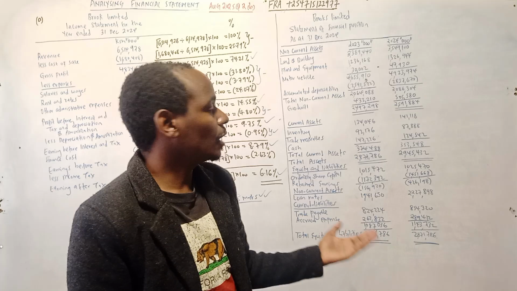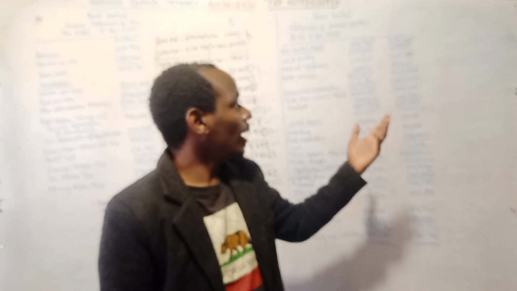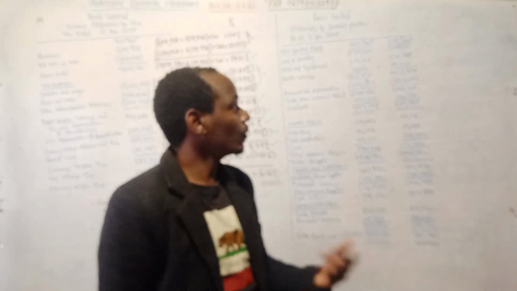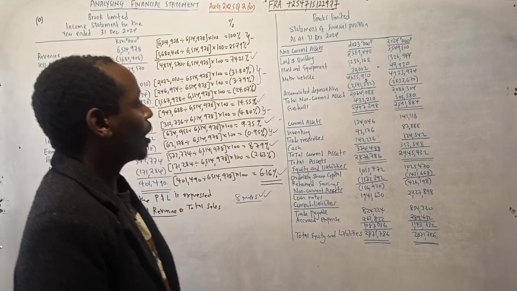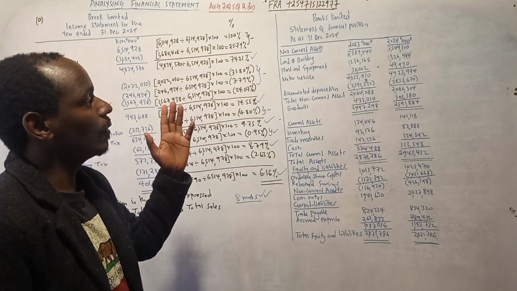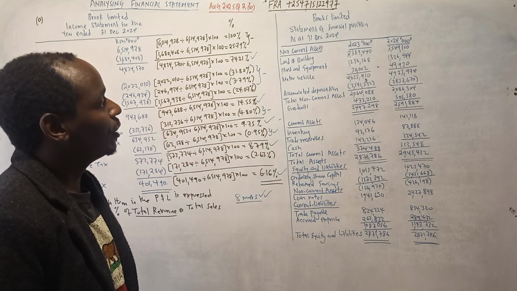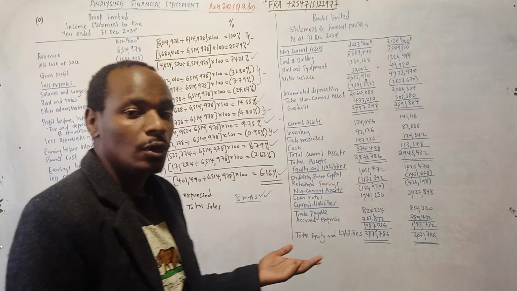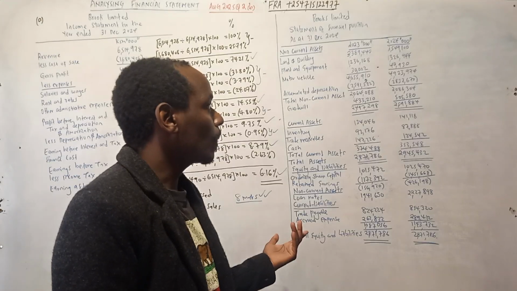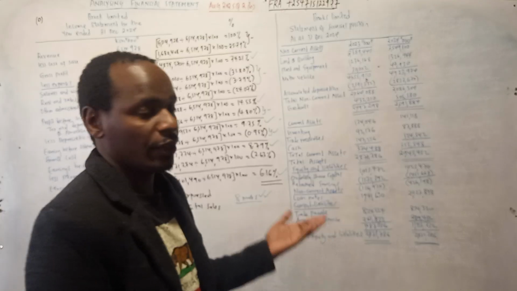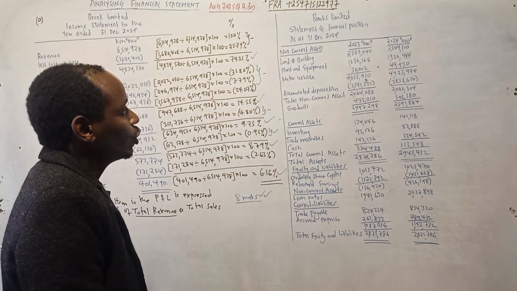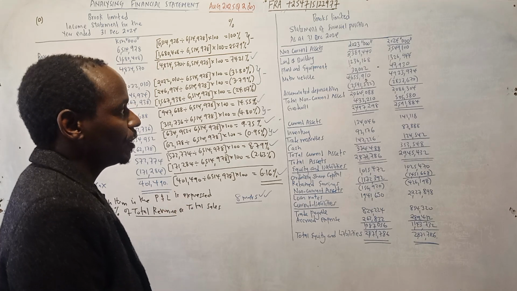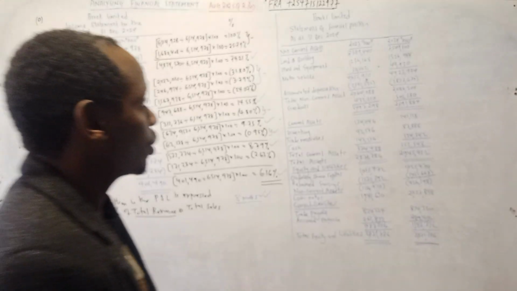That one becomes the base year, the year that was there before these other years. How do we do it? We take the current year, we divide with the base year, we get the percentage. So this is how you do it.